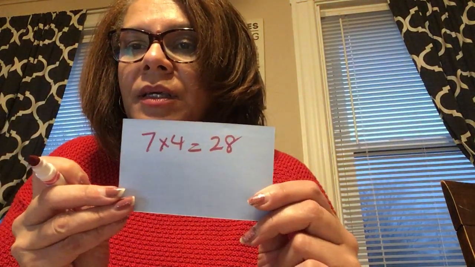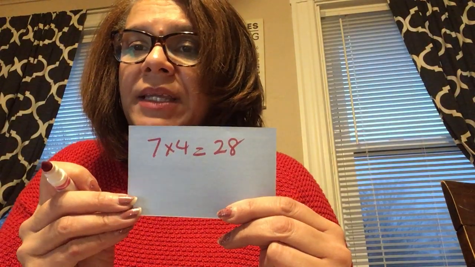So what is the related fact of 7 times 4? 7 times 4 is equal to 28. And what is the related fact? The related fact is 4 times 7 equals 28.